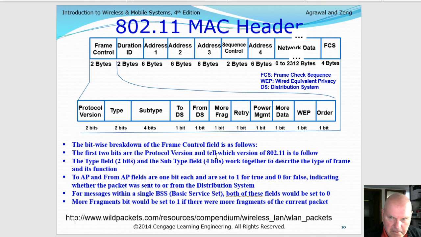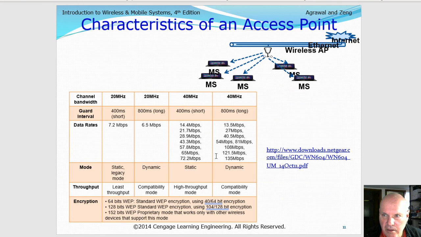Okay, this is showing characteristics of one particular access point. This is from a Netgear wireless access point. All of these support different modes of operation. The original mode was a 20 megahertz mode that supported a data rate of 7.2 megabits per second. Of course, some older hardware only supports this mode.